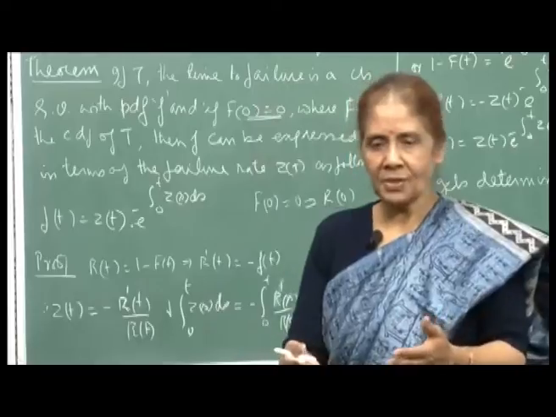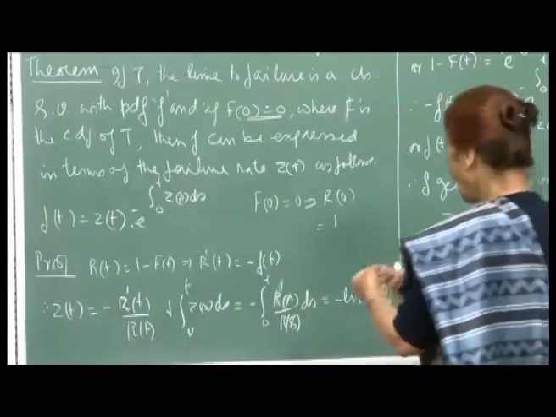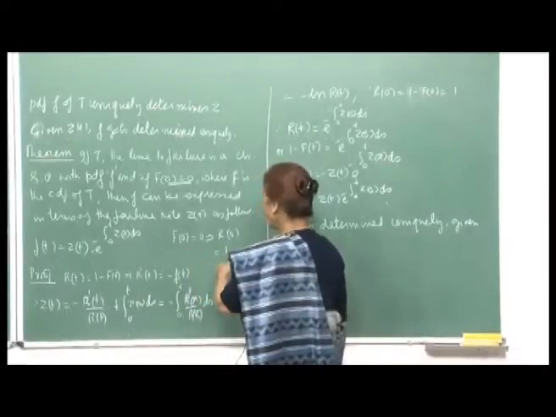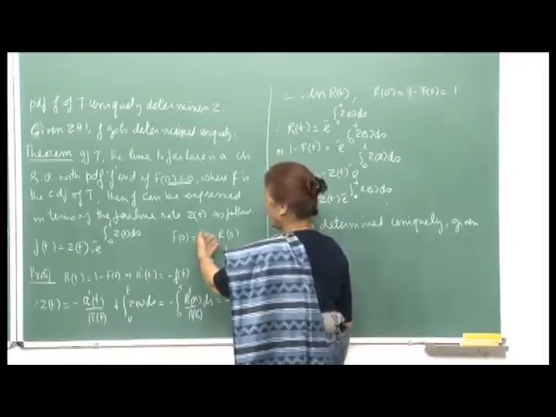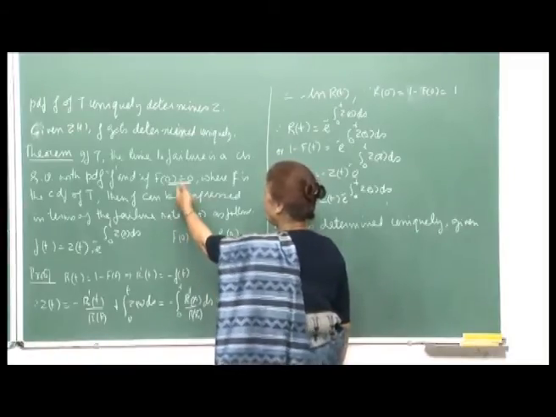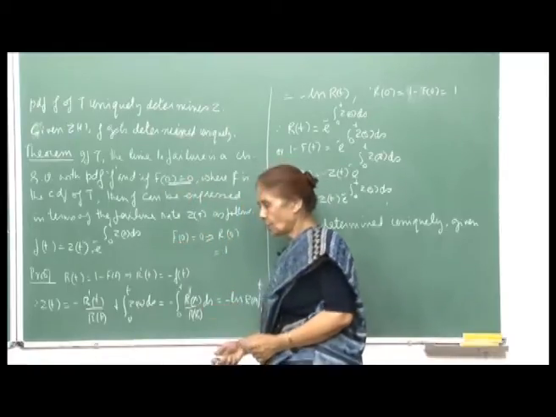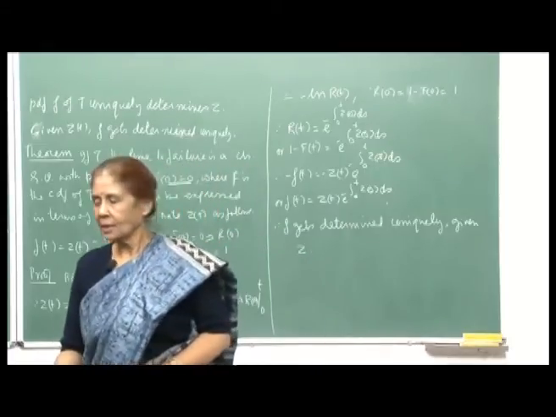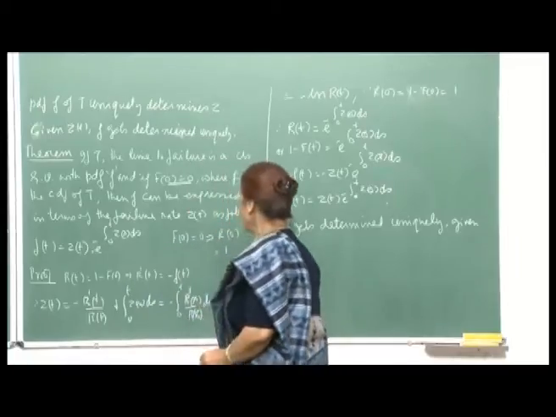You start the system working, or the component is working, and only after a little lapse of time is there a possibility that the system may fail. So, the reliability will be 1 at 0 time, and this is a reasonable assumption that F(0) is 0, because you are talking of reliability, and the reliability comes only when the system starts functioning. Some time has to lapse before you can say that the component has failed.